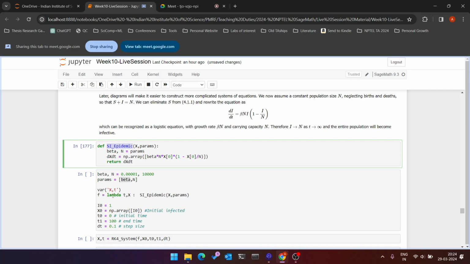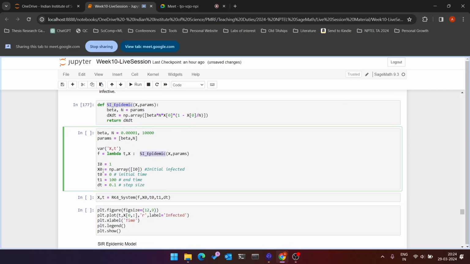I use again the lambda function to define f of capital X comma t as SI epidemic of capital X comma params. So capital X again only contains the infected population. X of 0, the initial state, is I0, so there was only one infected person at t equals 0.